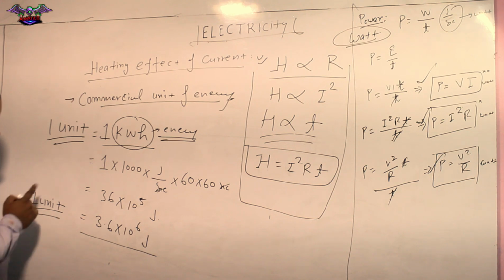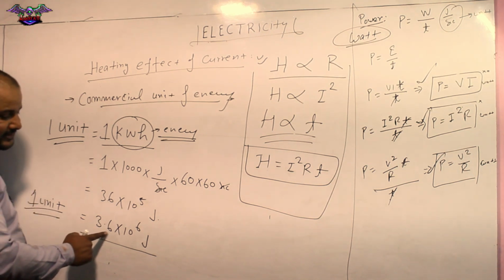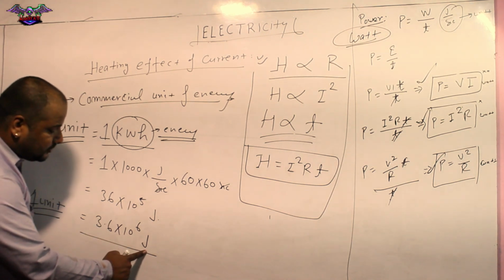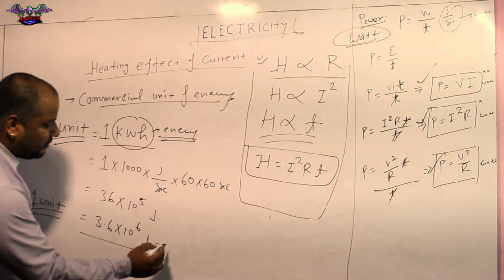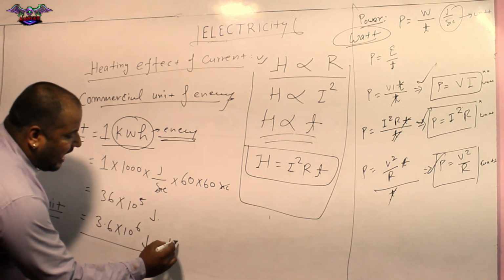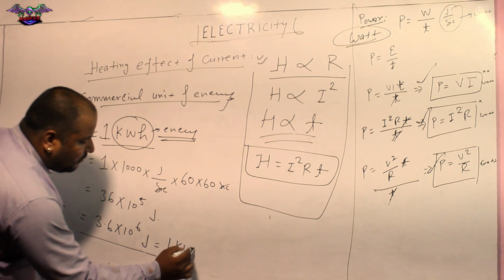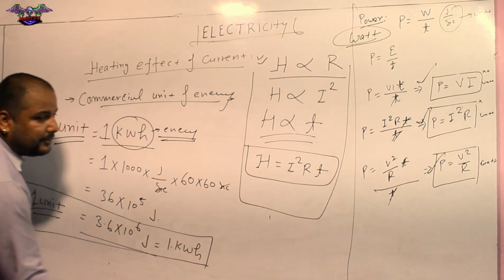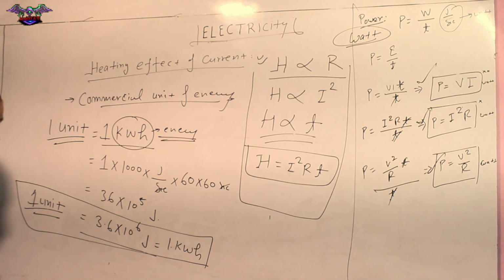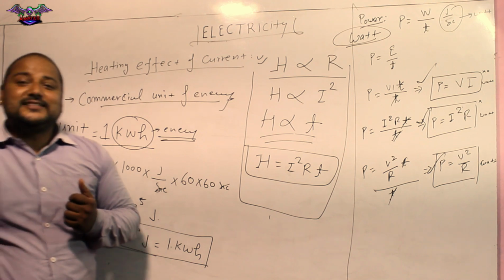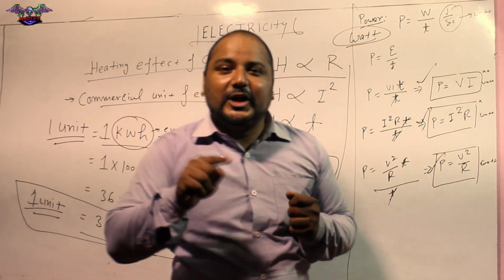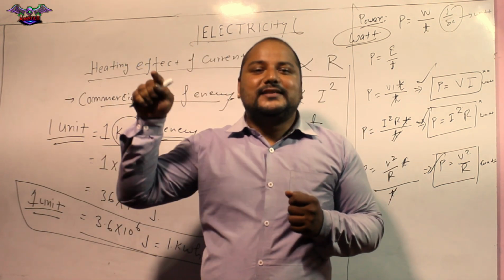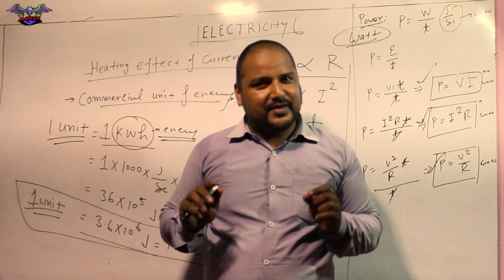So 1 unit means 3.6 into 10 to the power 6 joule, and this is equal to 1 kilowatt hour. Remember this also. It will help you to do the numericals. You have to understand that 1 unit of energy means 3.6 into 10 to the power 6 joule.